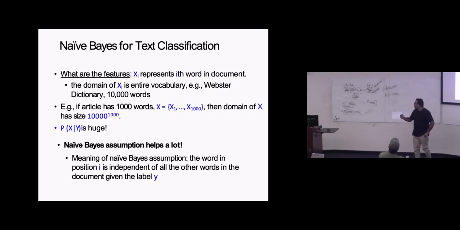Or the question is, if we are making this assumption that the other words don't affect a particular word, is it useful to say, in the third position, I will see Trump with a probability of 0.6, but in the 10th position, Trump will have a probability of 0.4.